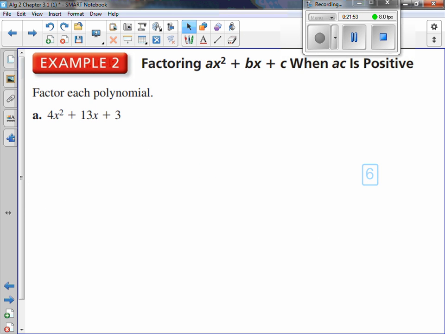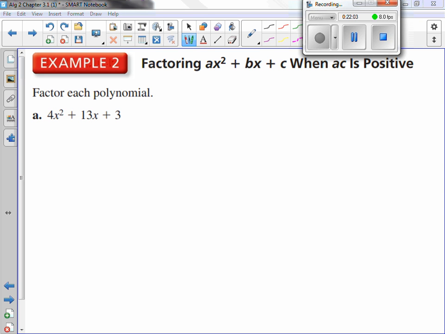Okay. So a lot of this stuff here, so our steps are kind of tips and tricks. That's why I set these steps up, and hopefully these will help. Now looking at this here, first step, greatest common factor. Is there a greatest common factor? No. So we move on to step 2, which is 2 sets of parentheses with 3 spaces.